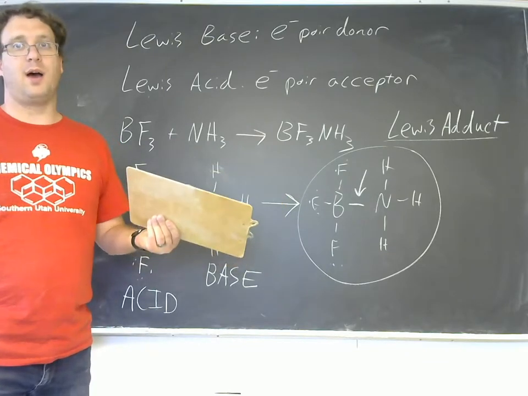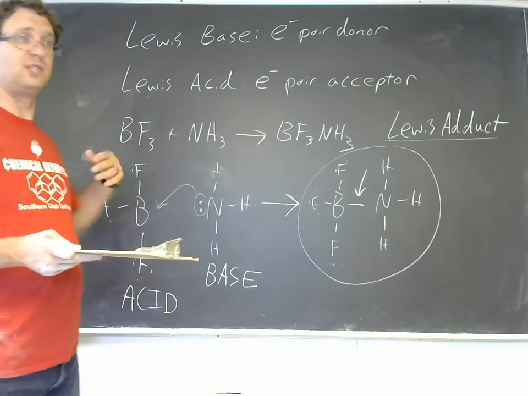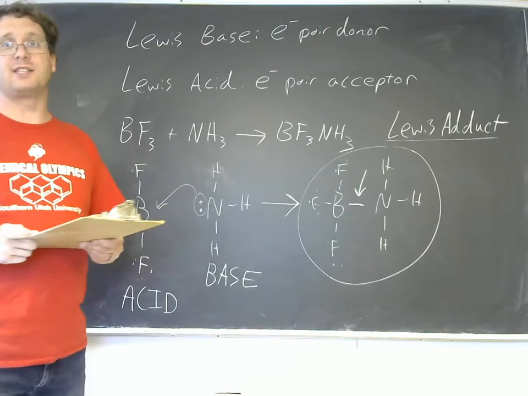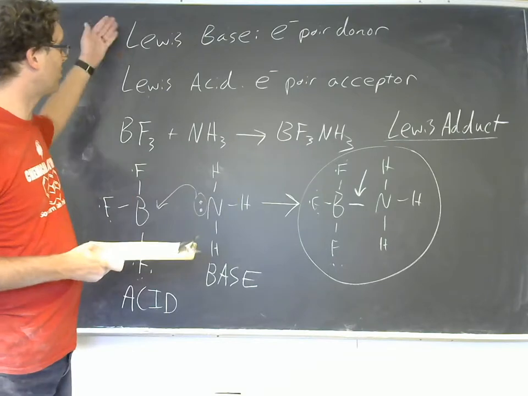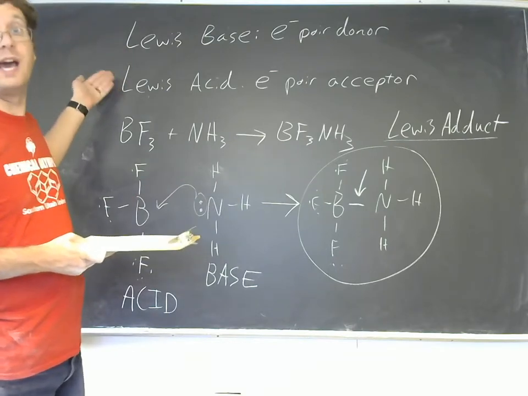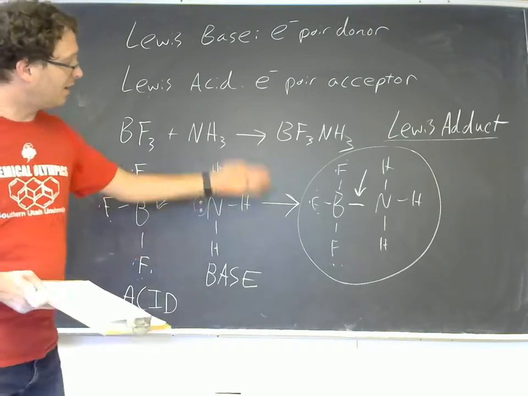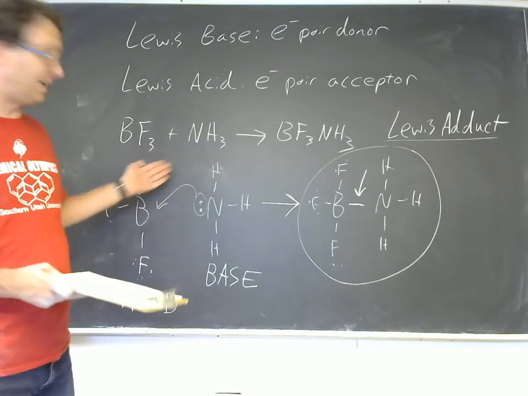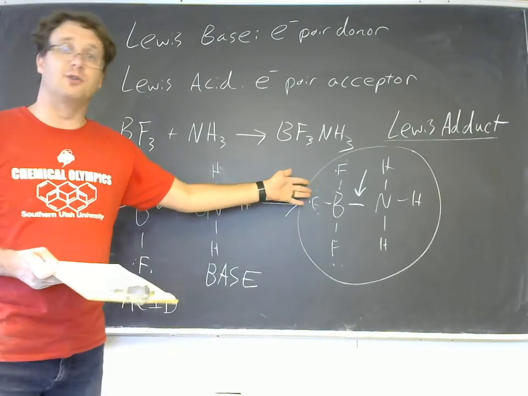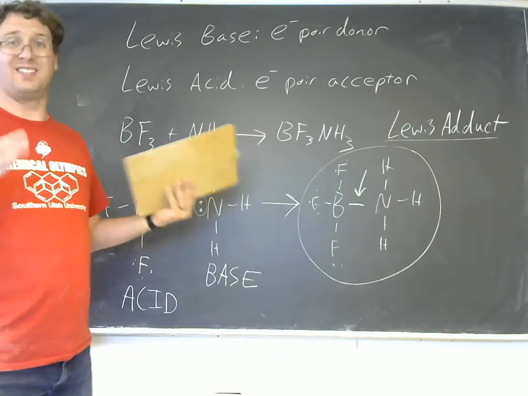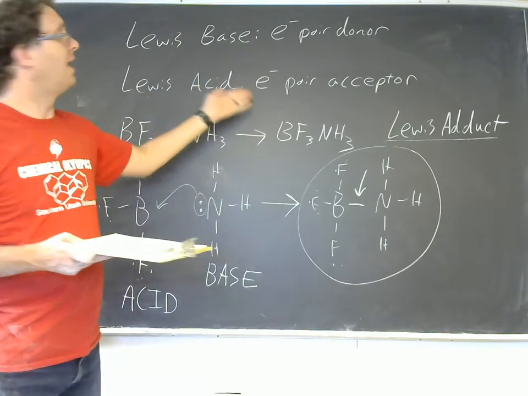categorizing reactions according to that model because it's convenient to them, and this is just a different alternative model that is a superset of Bronsted-Lowry acid-base chemistry. In other words, all Bronsted-Lowry chemistry can be described in terms of Lewis acid-base chemistry, plus we now have the ability to talk about reactions like this, identify an acid and a base, and predict a Lewis adduct in a way that is consistent with these simple definitions of electron pair donors and electron pair acceptors.